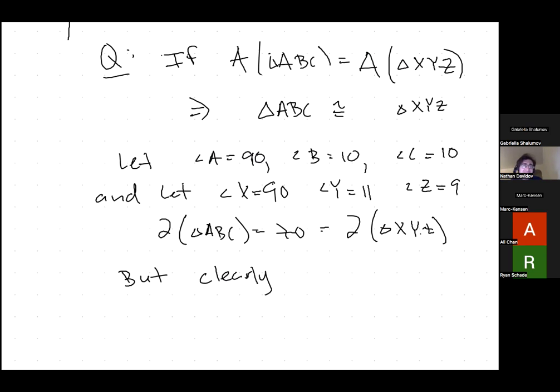Fine, but clearly, triangle ABC is not congruent to triangle XYZ. It's not congruent, right?